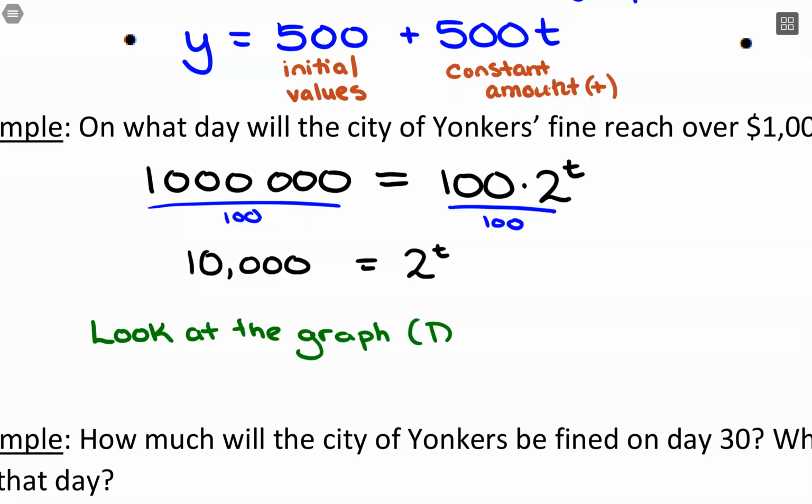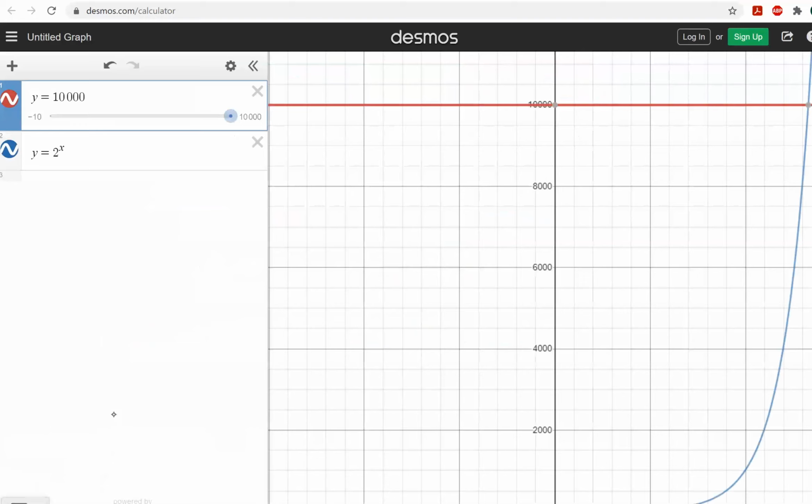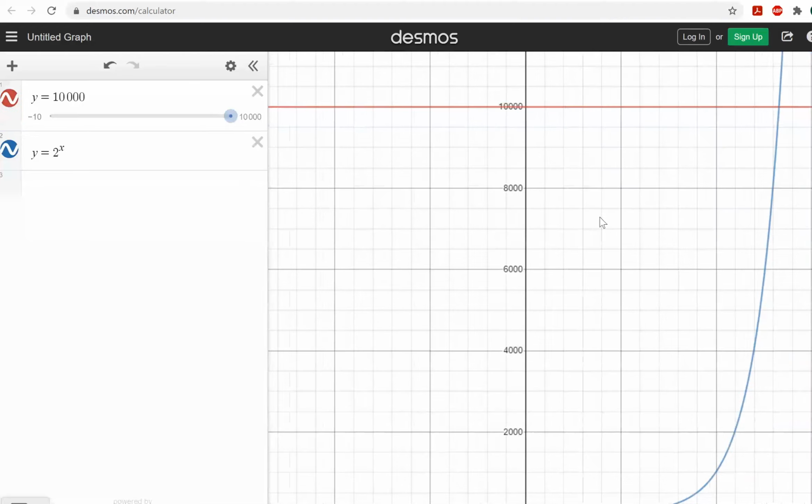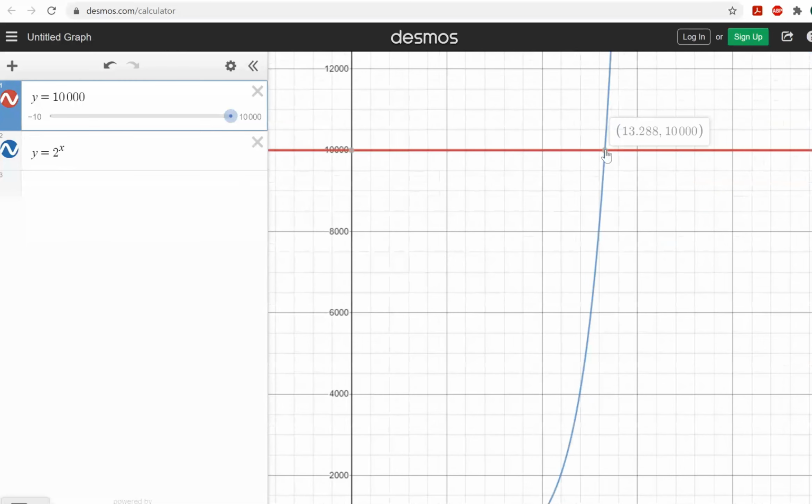We're going to go to Desmos and solve this graphically, meaning we're going to make a graph for the horizontal line of 10,000, and we're going to see where that intersects the graph of 2 to the t. If I go to our graph, you can see here in Desmos, I graphed the line y equals 10,000, so that's showing up in red right here. And then I have y equals 2 to the x, and what I want to look at is that intersection point. And what I see is t equals 13.288.